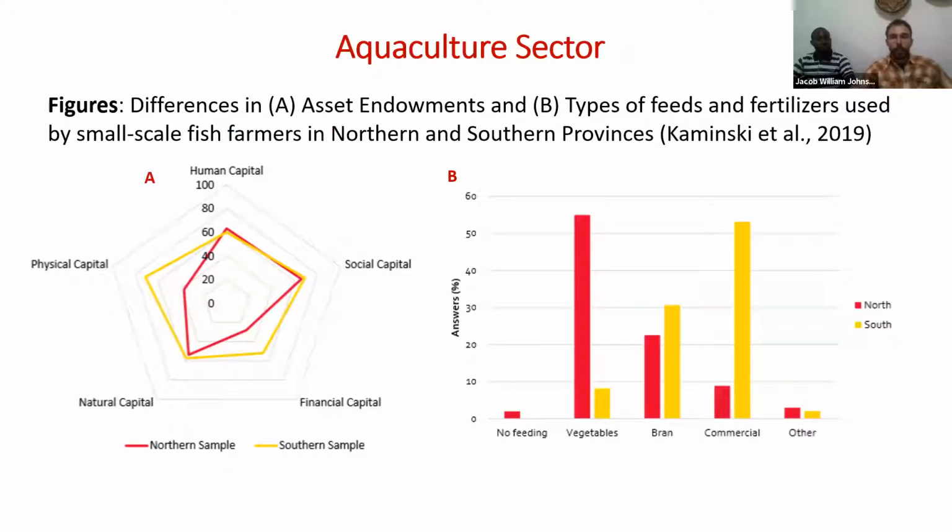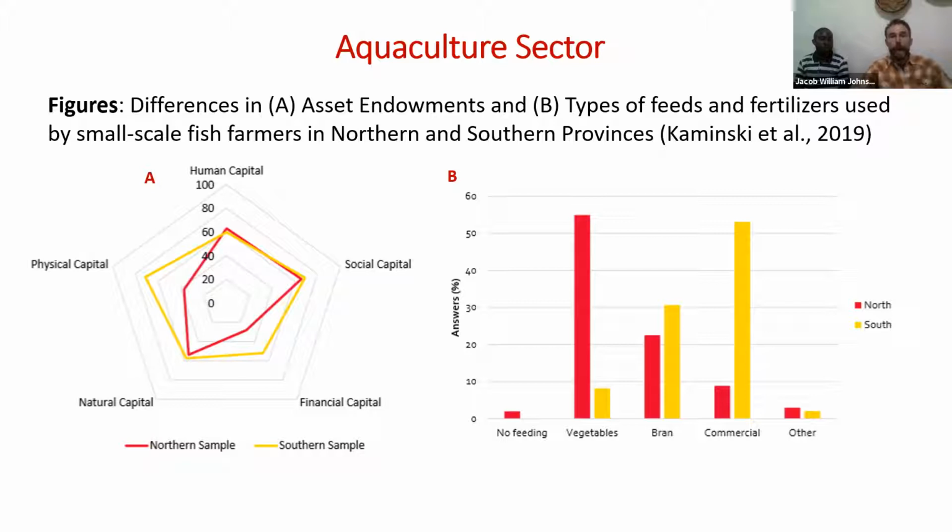These are two figures from a countrywide livelihoods assessment of small-scale farmers conducted by Kaminski et al. They show the differences in asset endowments and the types of feeds and fertilizers that are used by small-scale farmers in northern and southern provinces. Here, northern provinces are colored in red, and farmers in the south are colored in yellow.